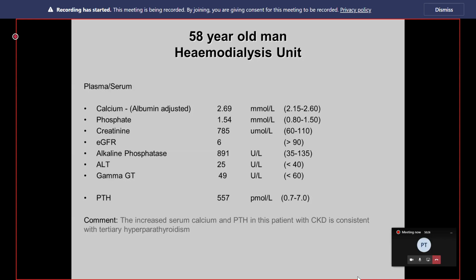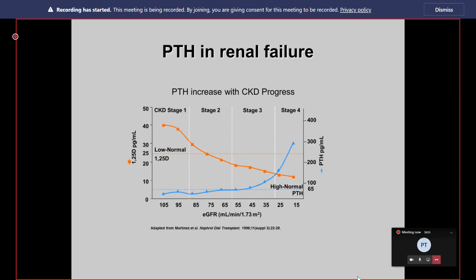We don't generally comment on these patients. The renal doctors are quite familiar with this, so we wouldn't comment, but just to show you what happens in chronic renal failure. This graph shows you what happens to PTH in chronic renal failure, and the relationship with 1,25-D. The 1,25-D formation in the kidney decreases with progression of renal failure, and conversely, PTH increases to try to compensate for the lack of 1,25-D.